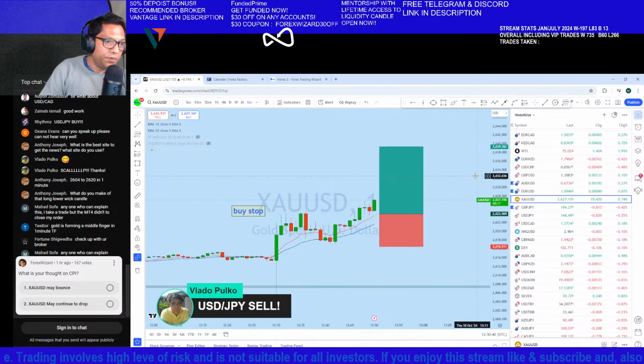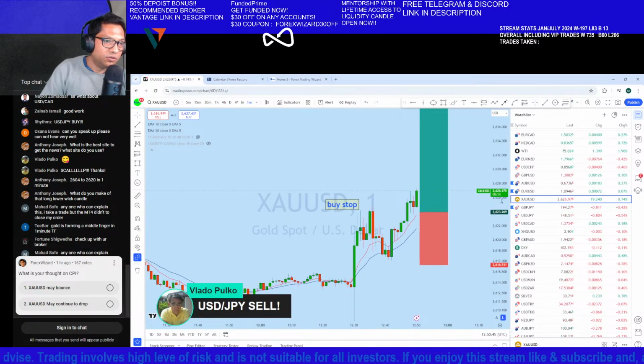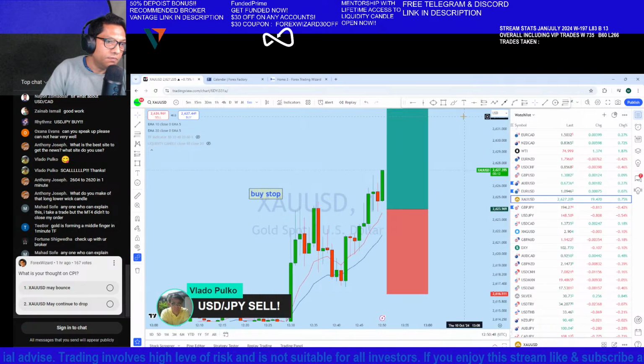So we are running some pips here and expecting it to revert back to the upside to gain some new momentum.